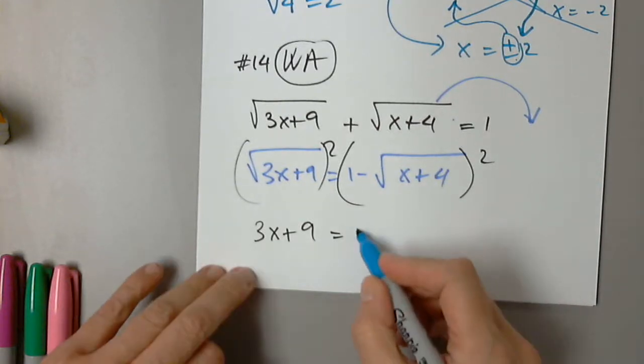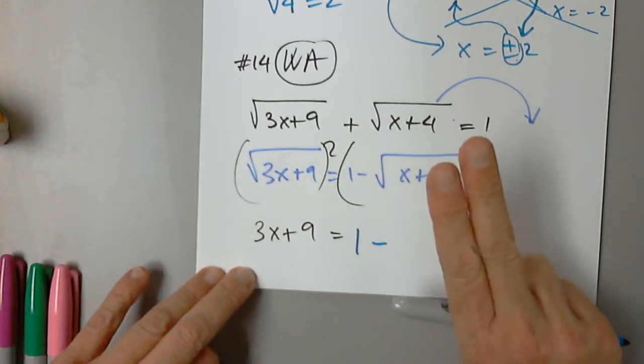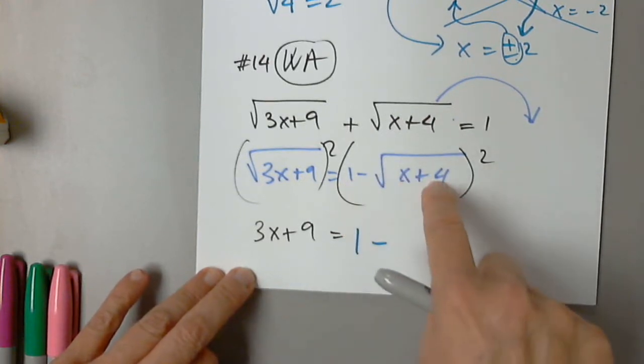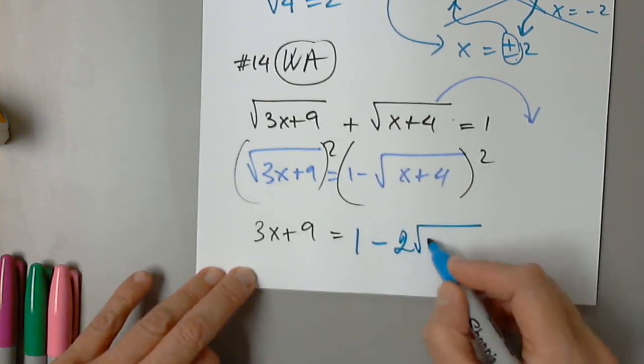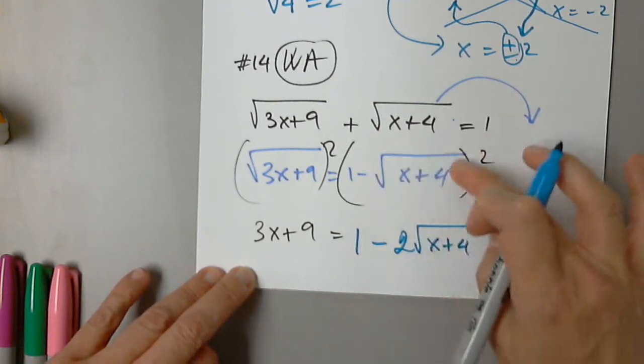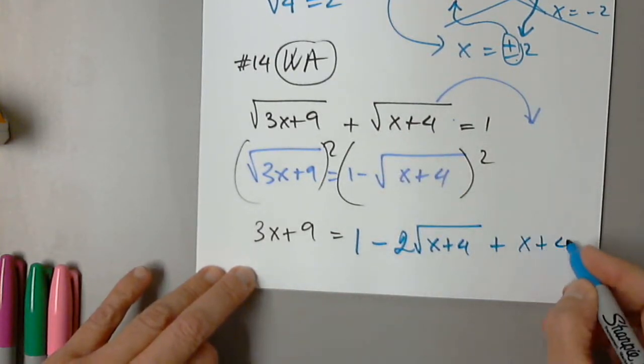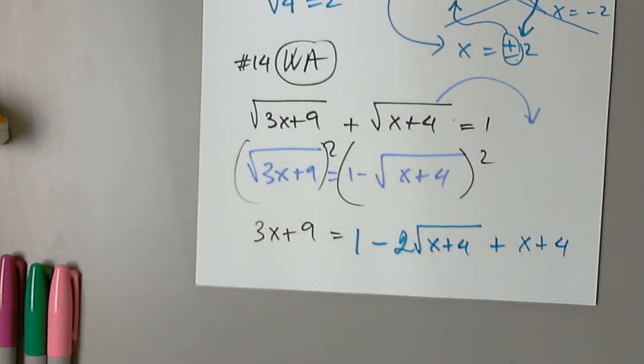Excellent. Minus 2 times 1 times the square root, plus the square root squared. We are using our agreement from the first day of classes: first term squared minus 2 times the first times the second plus the second term squared.